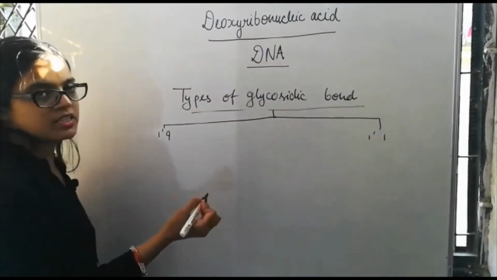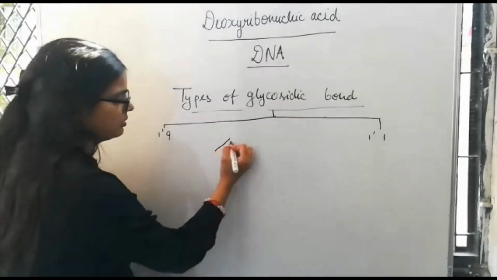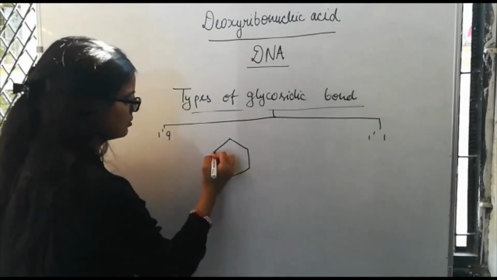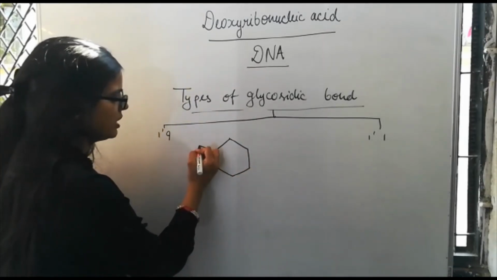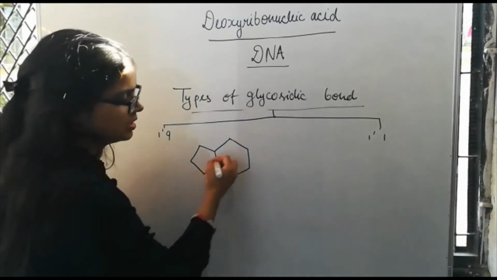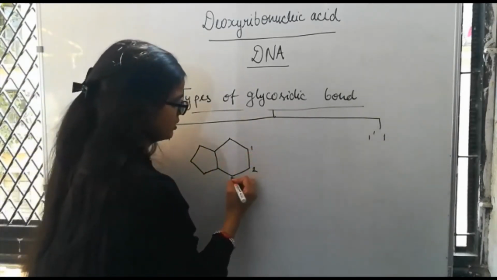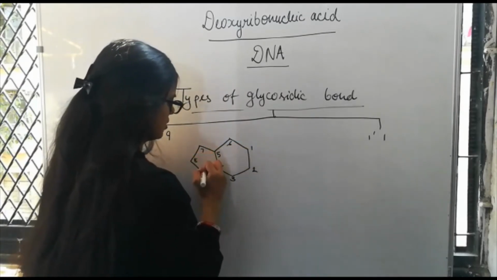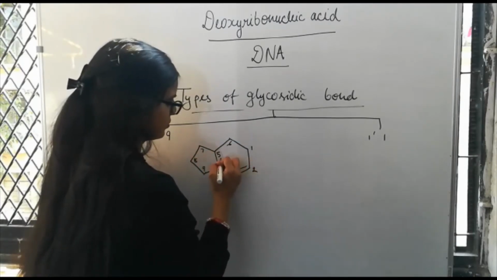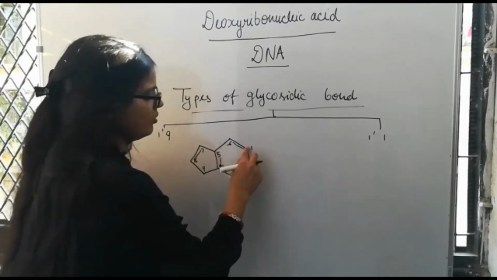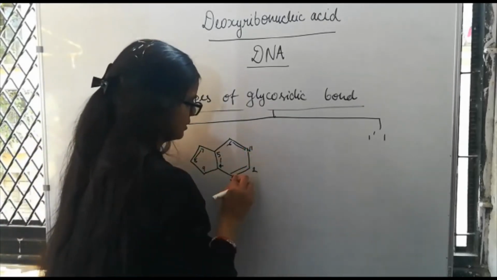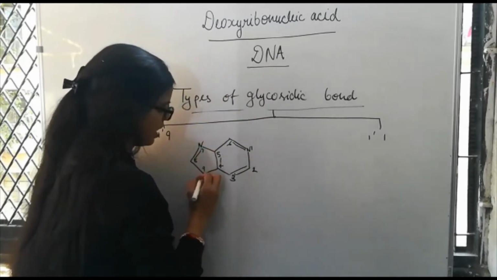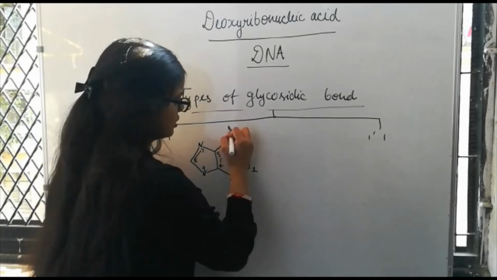Let's discuss the 1-9 type of glycosidic bond by structure. As we know that purine is a double ring structure, and at the positions 1, 3, 7 and 9 nitrogen is attached.